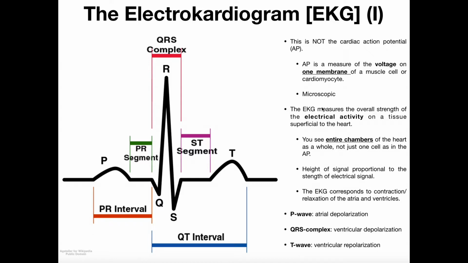And because this is more of a macroscopic approach, instead of seeing the action potential on one individual cell, you're actually seeing the activity of entire chambers of the heart as a whole, not just one cell. But for now, let's go ahead and look at these individual segments or regions of the EKG, the different parts, and hopefully that will make this stuff make a little more sense, and we'll see how this is entire chambers rather than just individual cells.